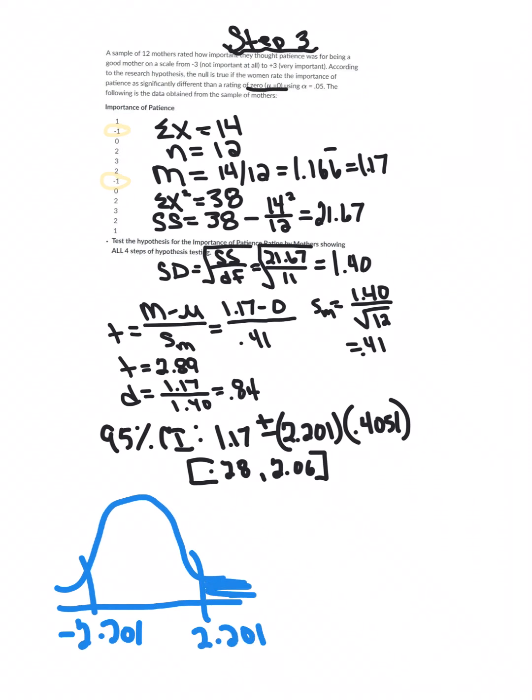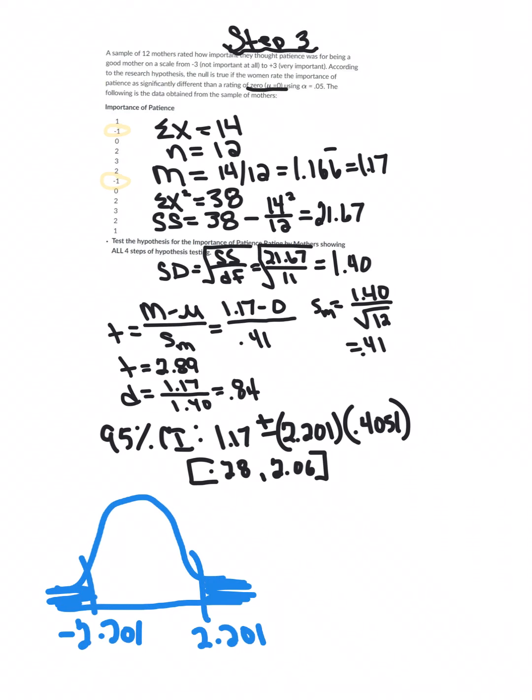So anything that falls beyond there is significant, okay? There are 2 different ways that we can determine this. And in actuality, you shouldn't be just using one. In reality, you should be using both, and they should coincide with one another.